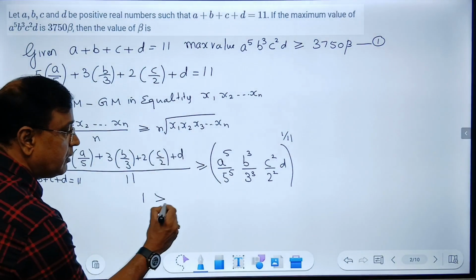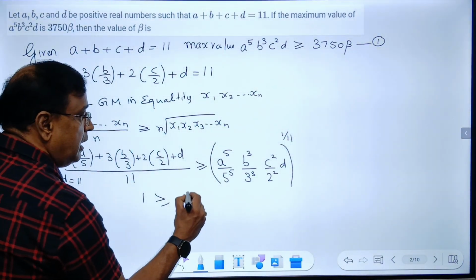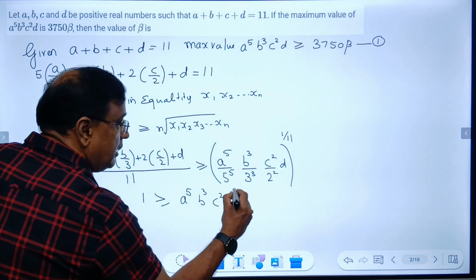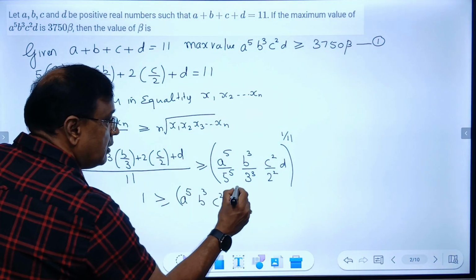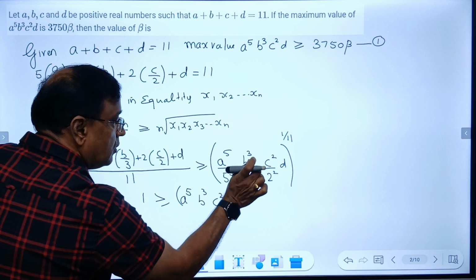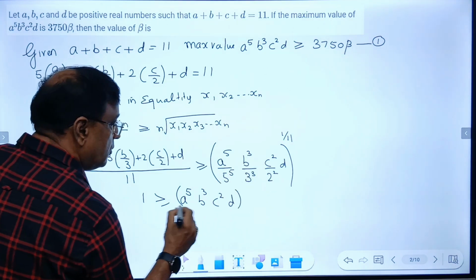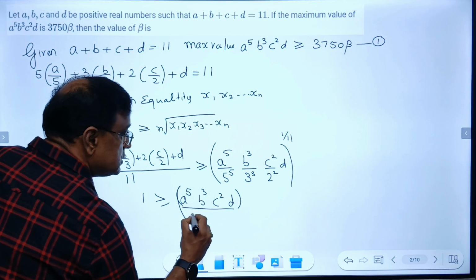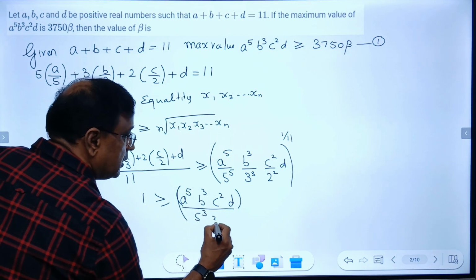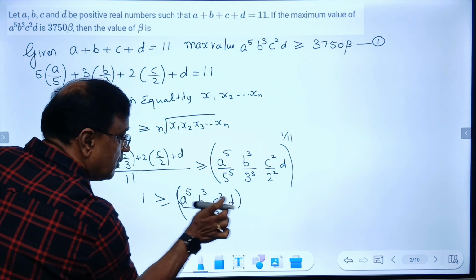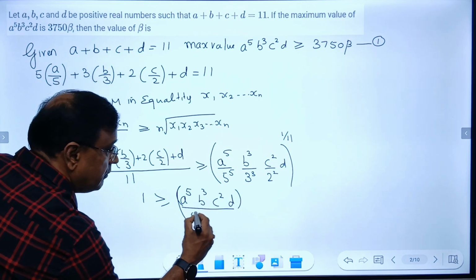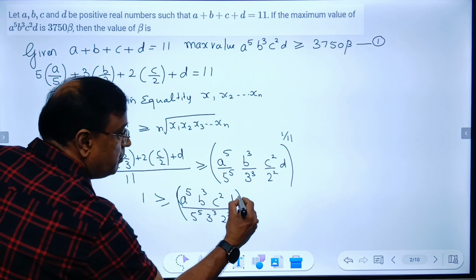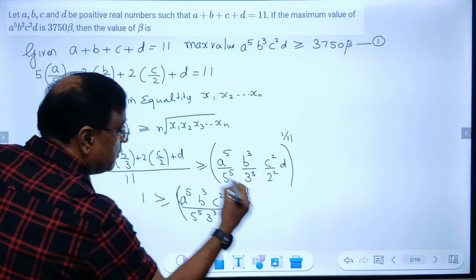Is greater than or equal to a power 5 b cube c square d whole power 11 divided by, I'll just write like this, 5 power 5, 3 cube, 2 square, whole power 1 by 11.